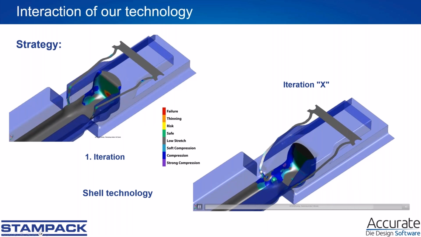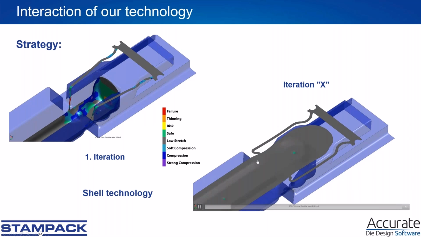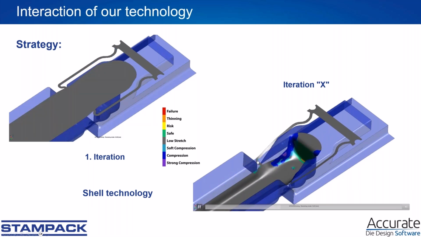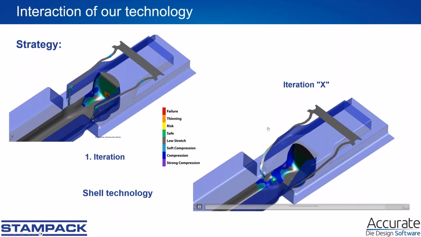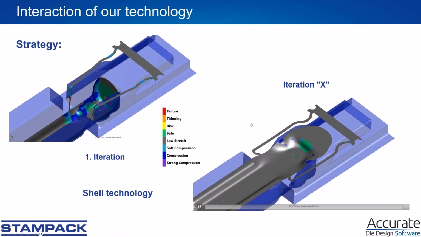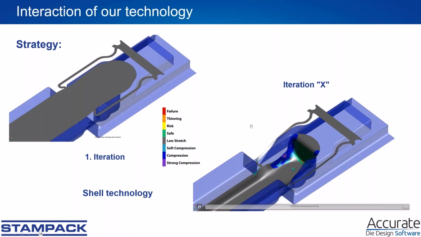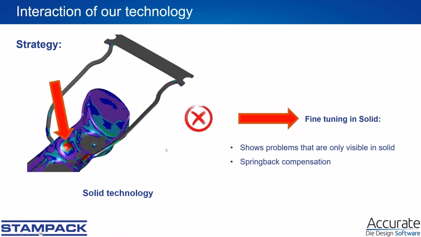And then we make the next step and say, okay, now we switch to solid simulation, and in our software you can do this with one click. You can change the entire setup to solid simulation, and then we validate the part in solid simulation, and we make our fine-tuning, which means we see surface defects.